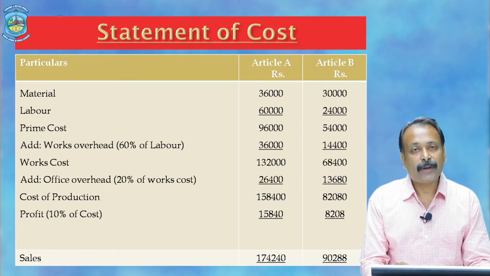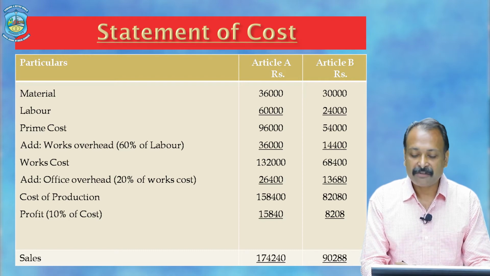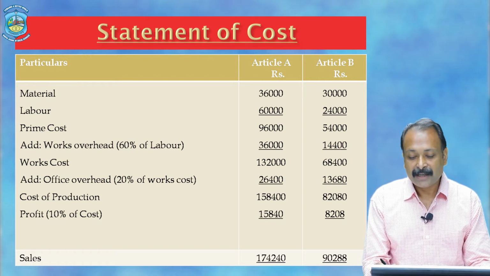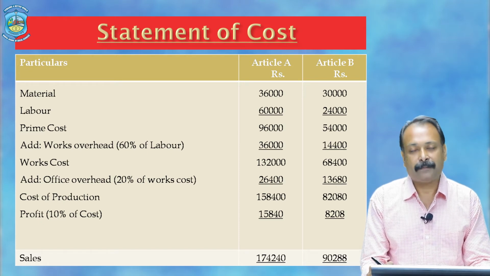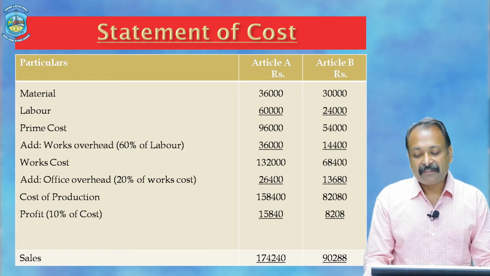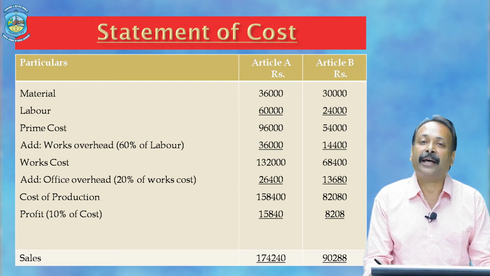We calculate 20% on 1,32,000, which is 26,400 for article A. 20% on 68,400 is 13,680 for article B. When we add works cost and office overhead, the total becomes 1,58,400 for article A and 82,080 for article B. This is termed as cost of production.